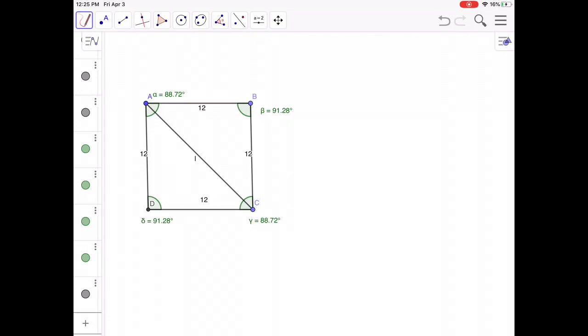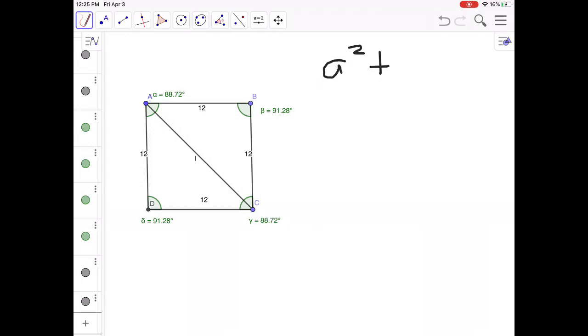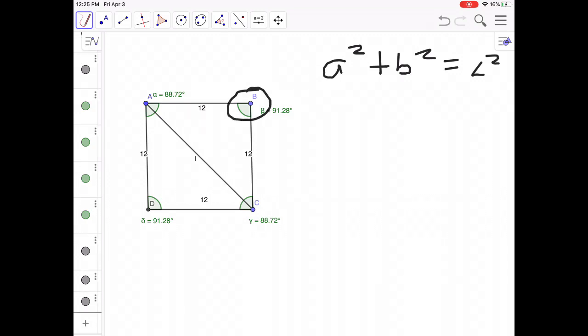So when we look at this, we are going to use a squared plus b squared equals c squared. And remember, when using the Pythagorean theorem, we want to identify the right angle. In this case, we don't have the right angle yet, but this is the angle that we want to be the right angle. So that means the 12 and the 12 are going to represent the legs.